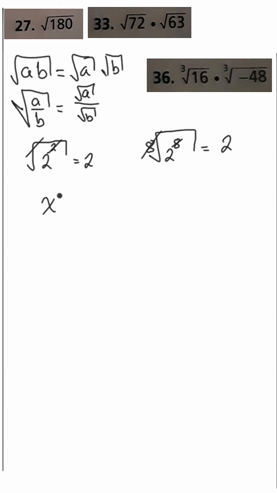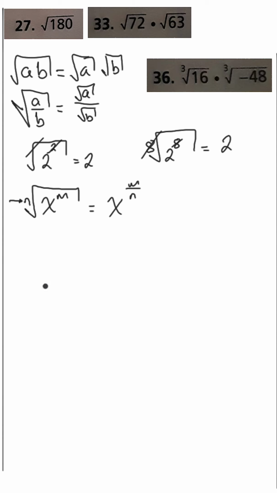If you have a base, let's say this is x to the m, and you are going to have the nth root, right? So that could be any kind of root. Then you can convert this into an exponent this way. The exponent m is going to stay the same, and the n of the root is going to go into the denominator.